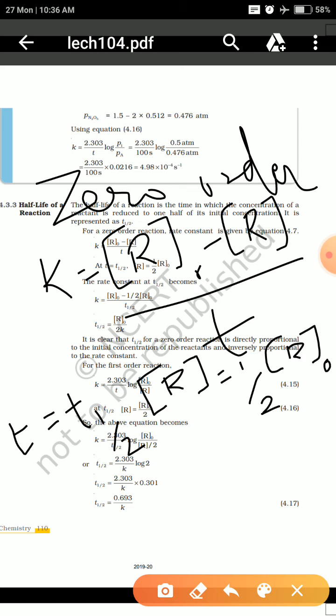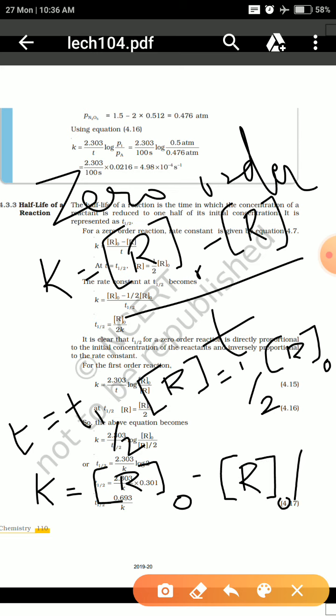So we will substitute both these values in the above equation. What will we get? K equals R0 minus, in the place of R we will write R0 by 2, or half of R0, divided by T half, since we have taken the half-life as the time.